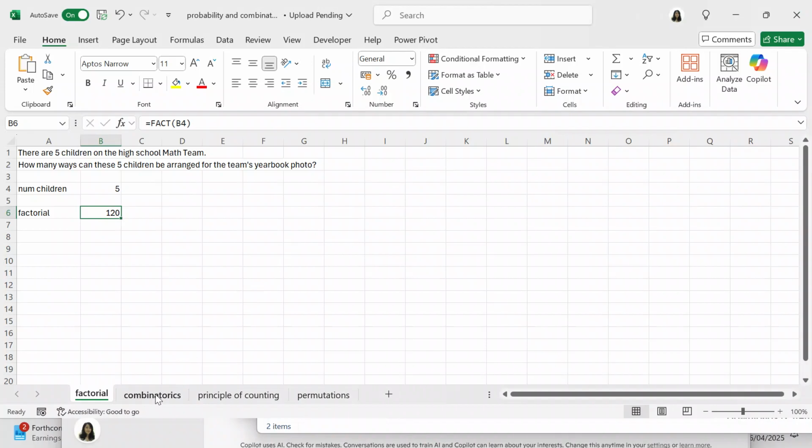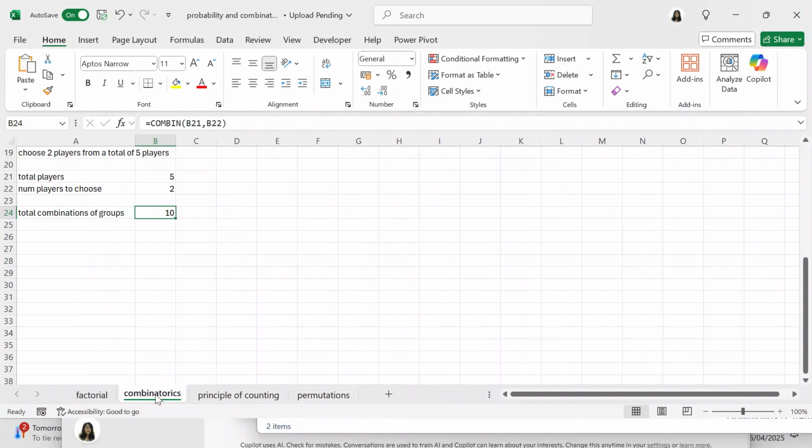So now what we're going to do is combinatorics. Combinatorics is when you have a number, but you only want to arrange two numbers within that number. We've got a question here: choose 2 players from the total of 5 players.